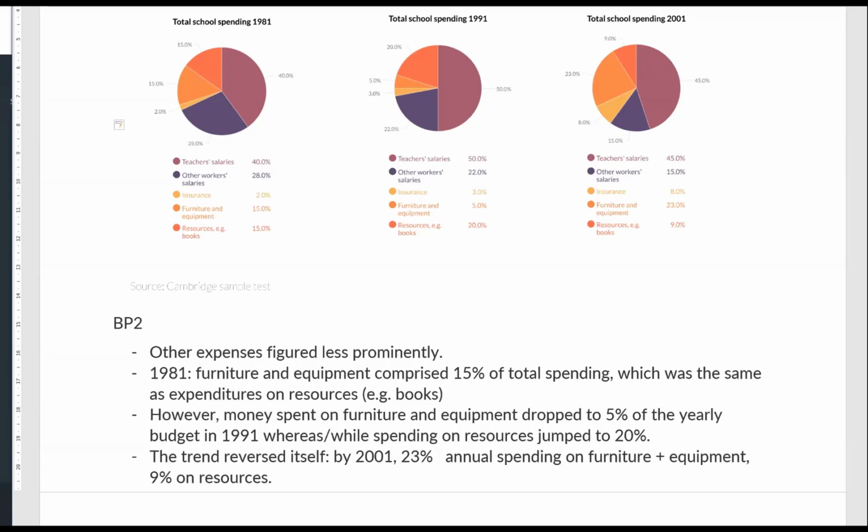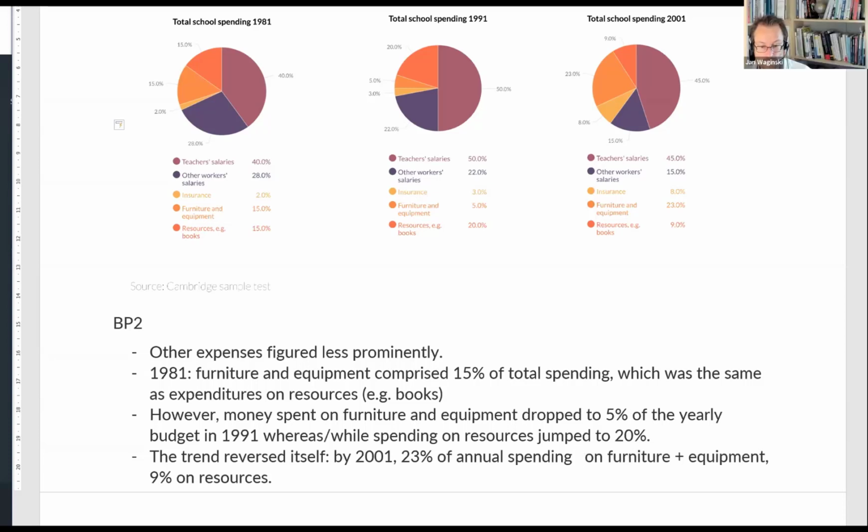23% of the annual spending of spending on furniture and equipment. So we need a verb. Spending towards annual spending. We need a verb here.